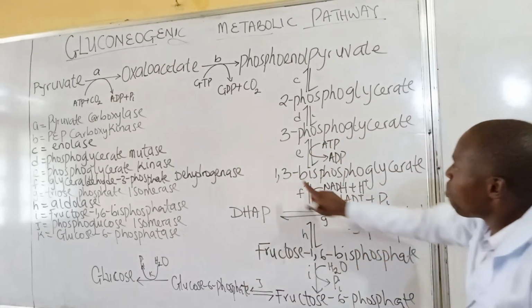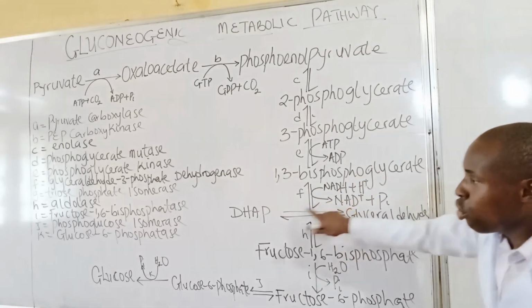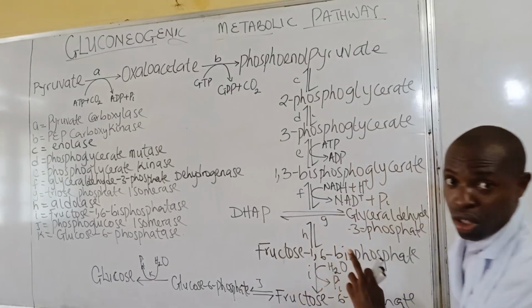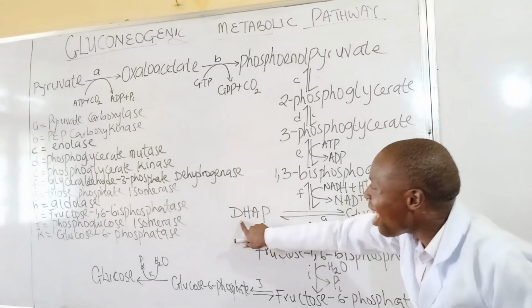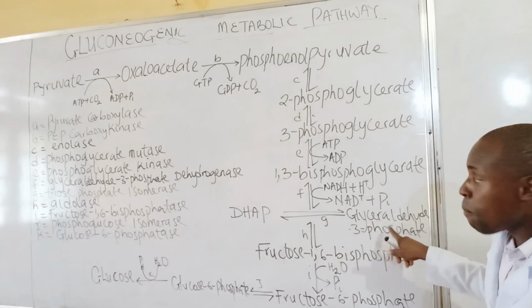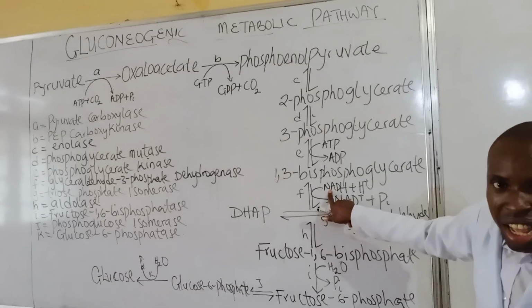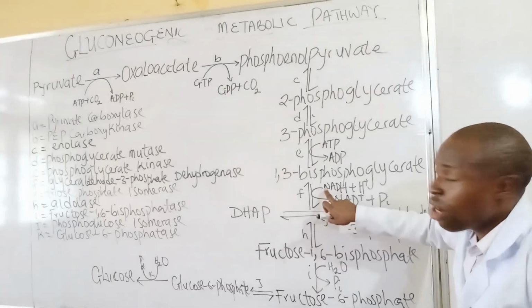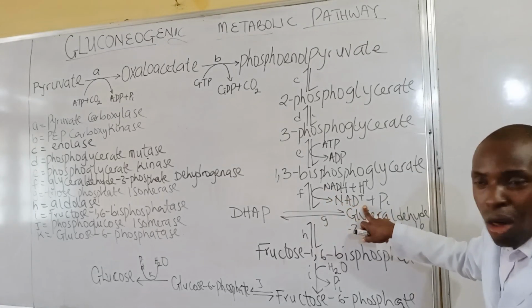Now we move from 1,3-bisphosphoglycerate straight down to two products, which are dihydroxyacetone phosphate and glyceraldehyde phosphate. Please take note, from this step down to this step, NADH enters into it, this is the reduced form, and this is the oxidized form.